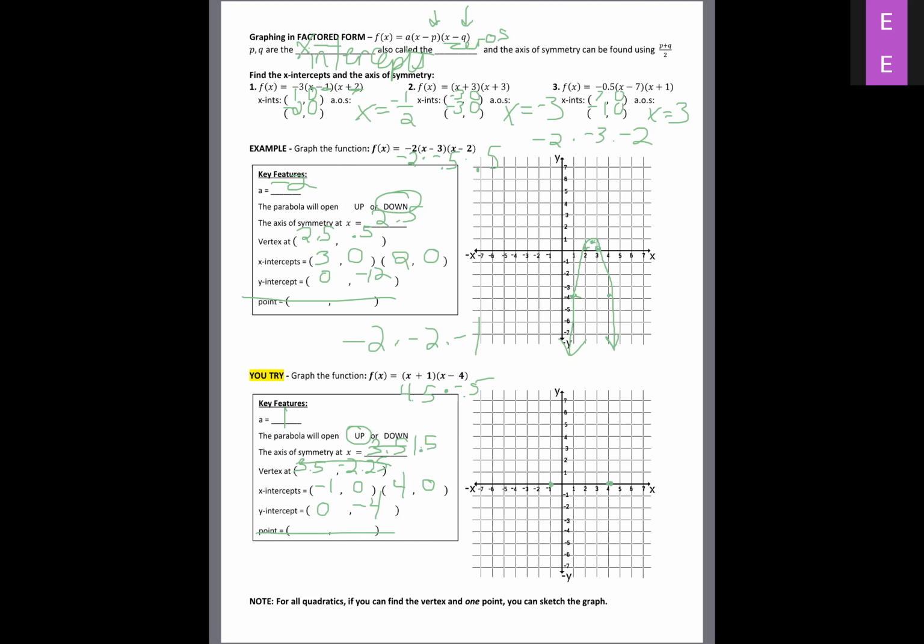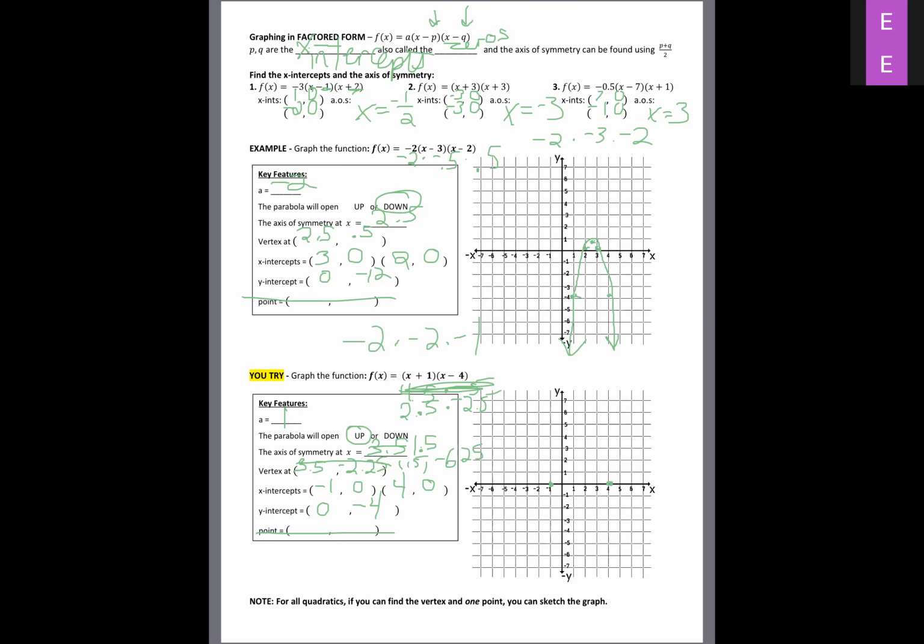Let's plug 1.5 in, silly goose. So that's 2.5 times 1.5 minus 4, which is negative 2.5. So that's a -6.25. Sorry. Okay, that makes more sense.